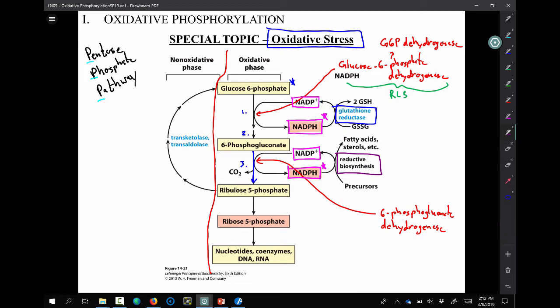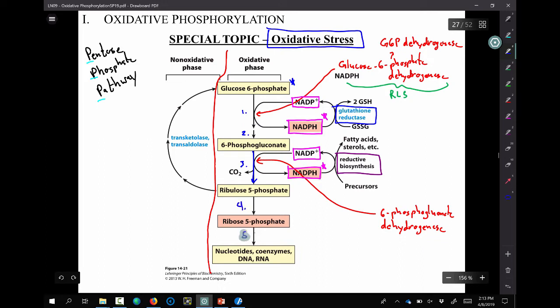Those pathways, in particular fatty acid and lipid production, require a significant amount of NADPH. So this pathway will increase in flux if the cell is undergoing significant biogenesis, to produce the needed NADPH. In fact, if you look down here, something that we didn't cover, this would be steps 4 and 5 of the pathway.